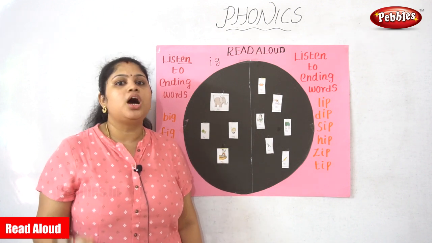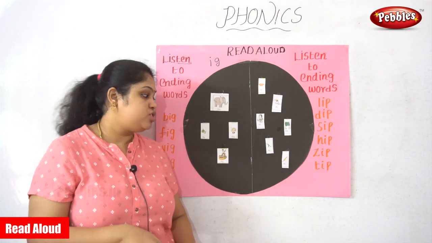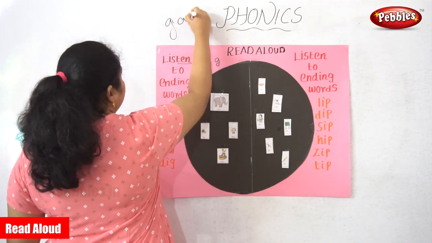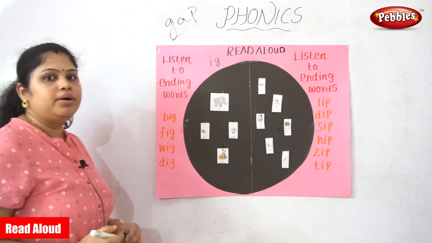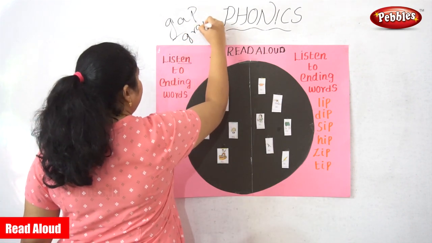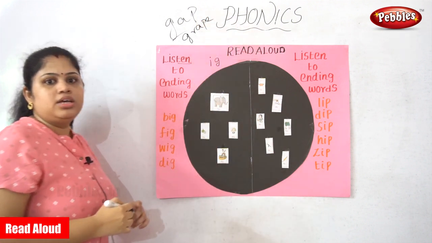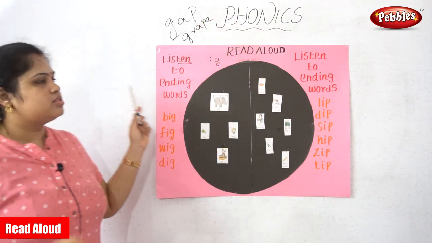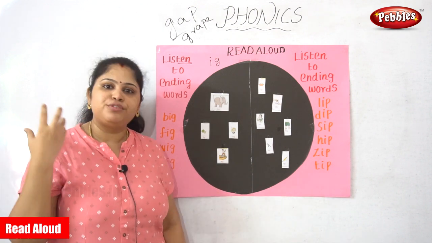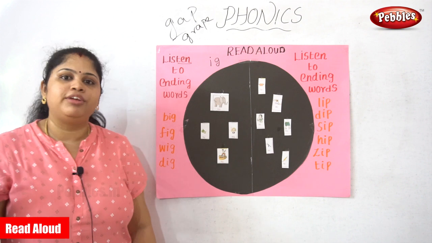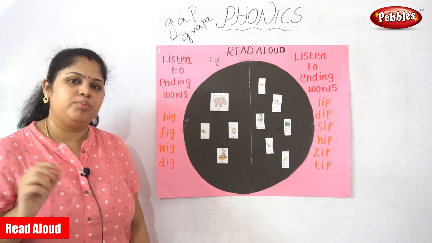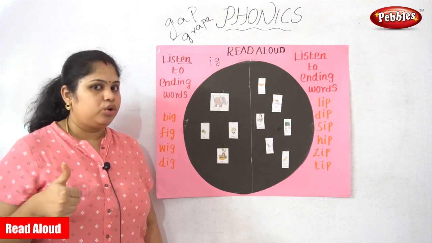When the G comes as a starting letter, for example, G-A-P, see here, gap, G-R-A-P-E, grape, isn't it? The letters have a different sound when they come at the end. It is not very easy like the mother tongue. It will be difficult, but we want to read it.